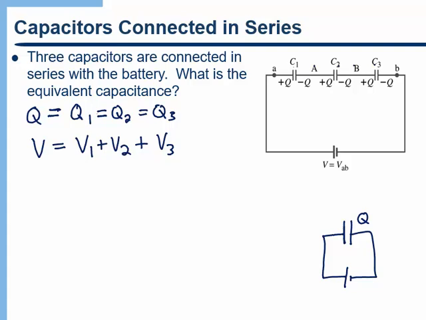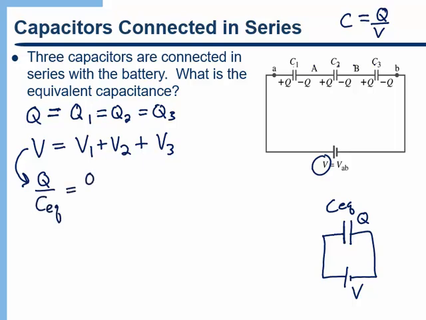And what we're now going to do is just take this formula and rewrite it. Again, I'm using the fact that C is equal to Q over V. So notice that means V is equal to Q over C. And so I'm going to replace V, the voltage of the battery, with C equivalent and Q. So in other words, V is Q, the total charge, over C equivalent.